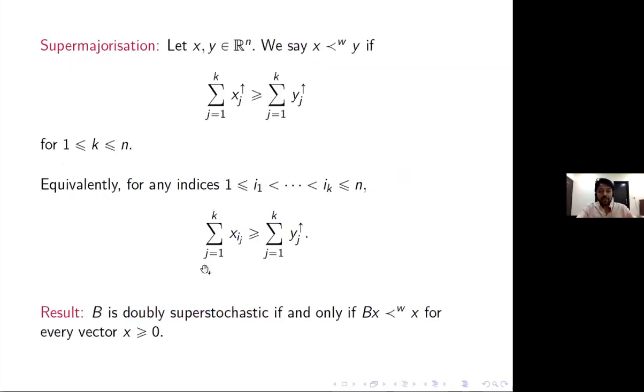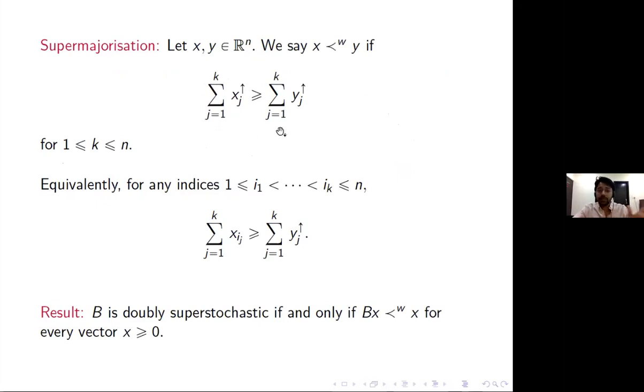Now, given two vectors x, y, we say that vector x is supermajorized by vector y if the sum of the first k smallest components of x is greater than or equal to the sum of the first k smallest components of y for all k between 1 and n.